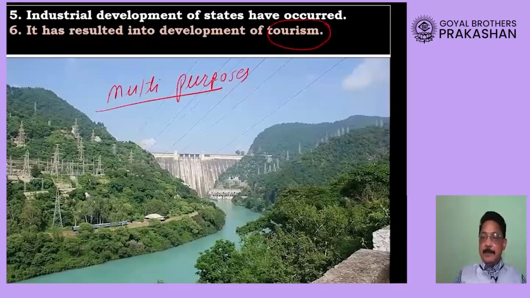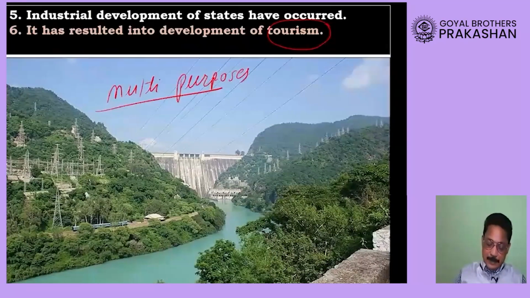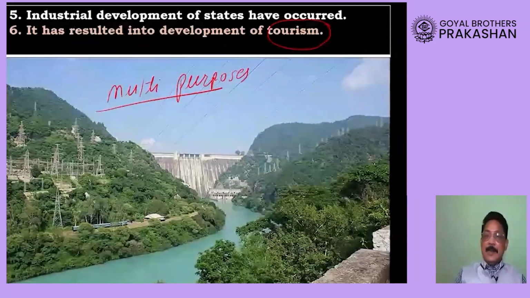A multi-purpose dam is a dam that is constructed in order to achieve many purposes. So in this way, Bhakra Nangal Dam is a multi-purpose dam.